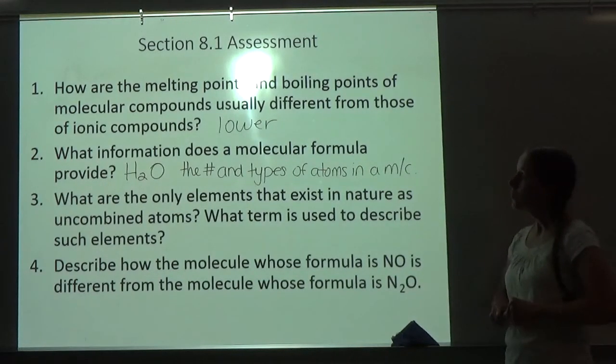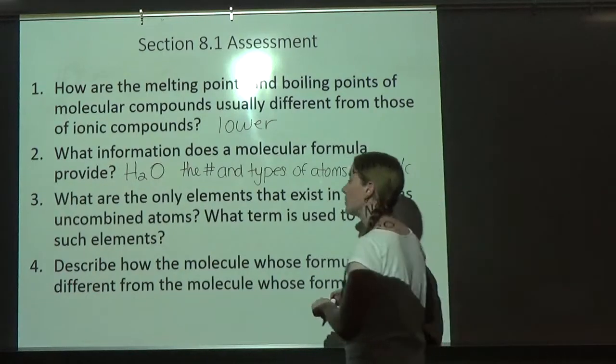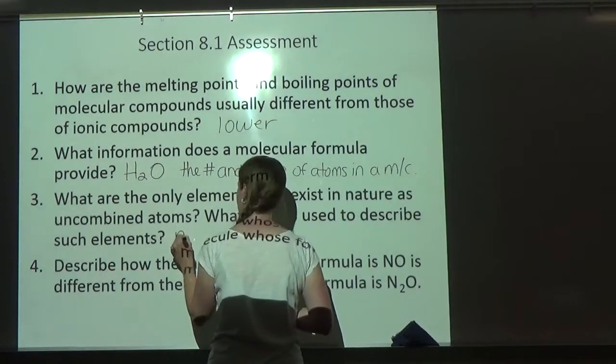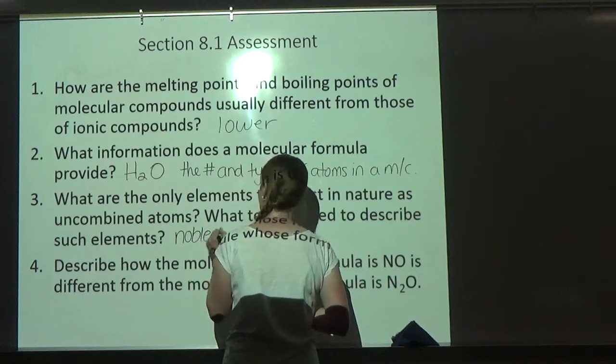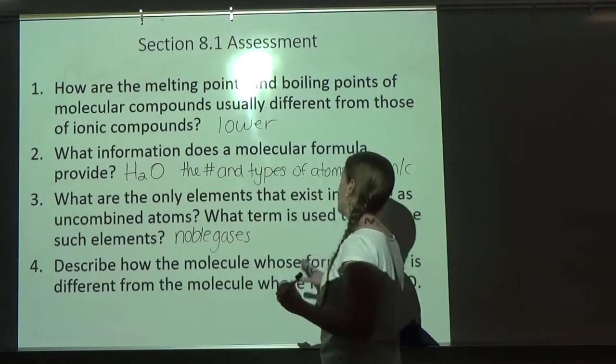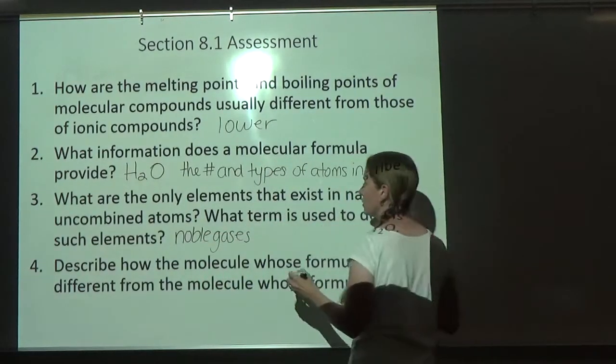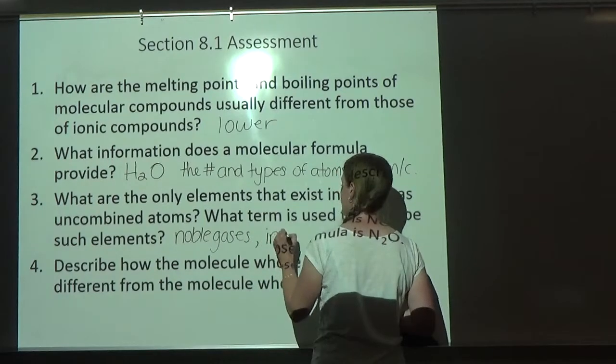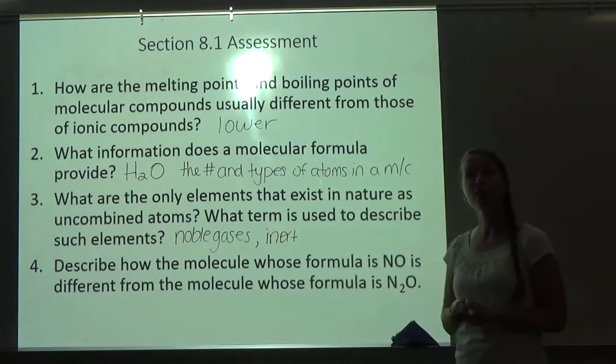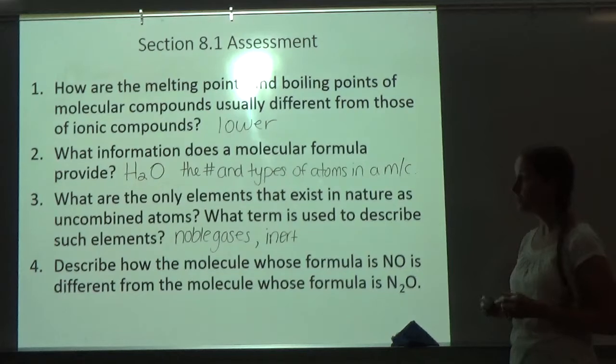Number 3, what are the only elements that exist in nature as uncombined atoms? Well, those would be the noble gases. And then what term is used to describe such elements? The term is inert. Sometimes people even call them the inert gases instead of the noble gases.